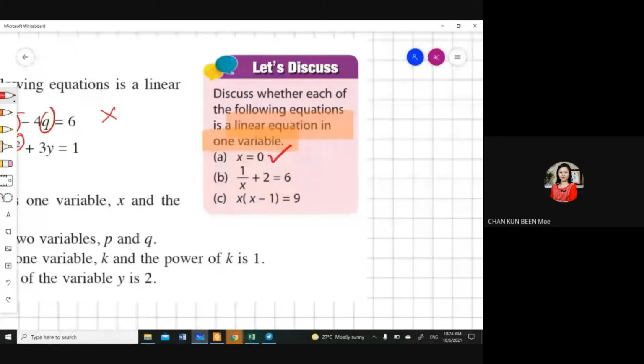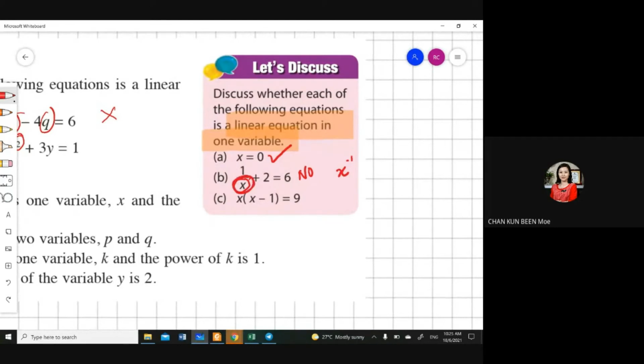Okay. Now we look at B. 1 over x plus 2 equal to 6. Is it a linear equation in one variable? You say yes, right? But then the answer is no. Why no? You've got to remember the value of the variable cannot be the denominator. If it is down there, actually the power of the variable is -1 because it's at the denominator.